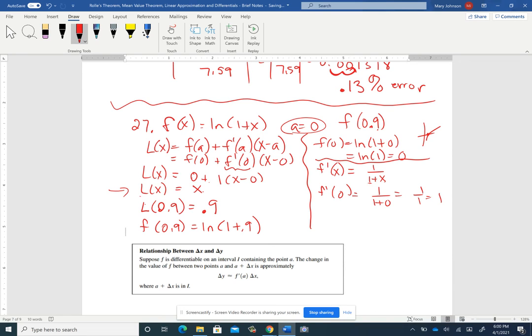Okay, so what is ln of 1.9? Okay, so when I do that, I get about 0.642. Okay. All right, so there's a considerable difference there.